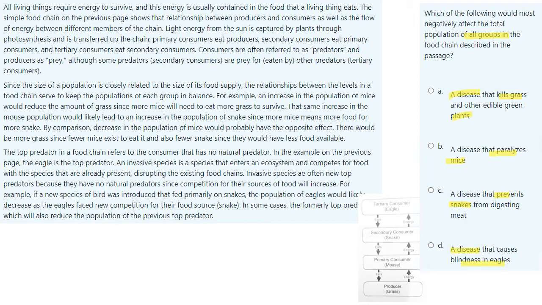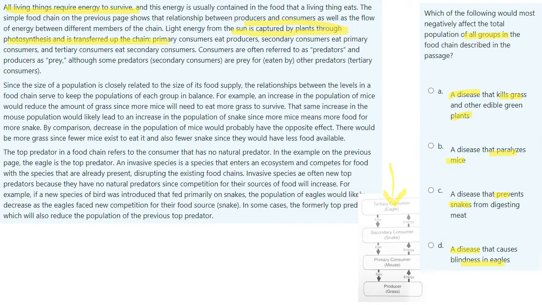So all living things require energy to survive, and this energy is usually contained in the food that a living thing eats. The simple food chain, which we can see down here very small, shows the relationship between producers and consumers as well as the flow of energy between different members of the food chain. Light energy from the sun is captured by the plants through photosynthesis and is transferred up the food chain.